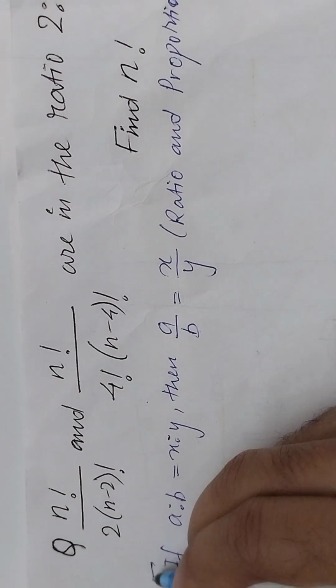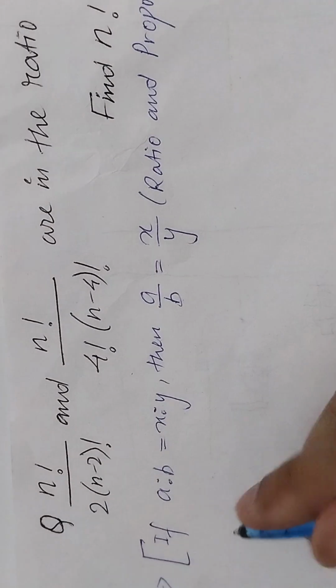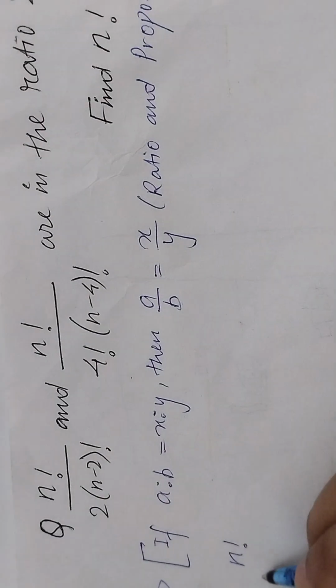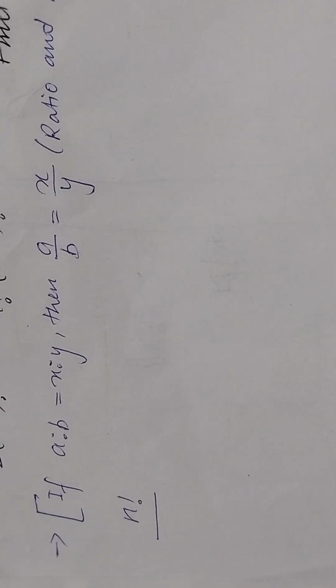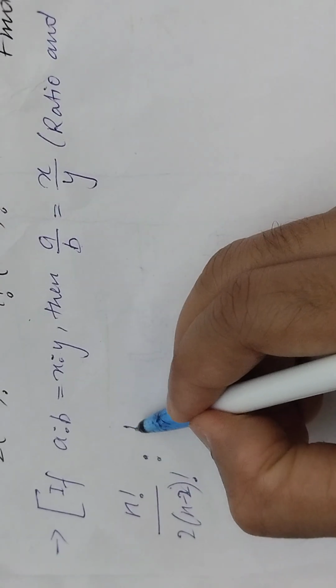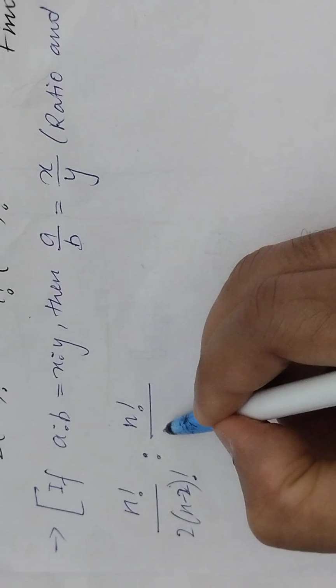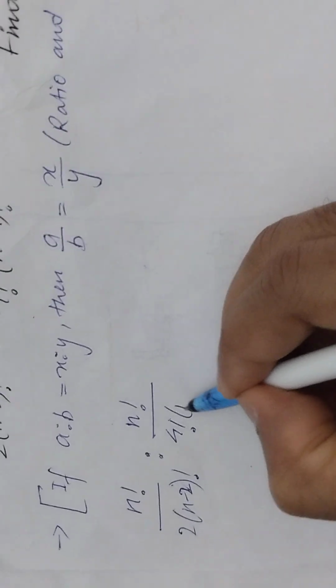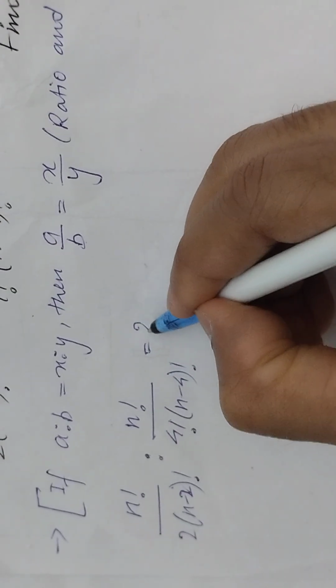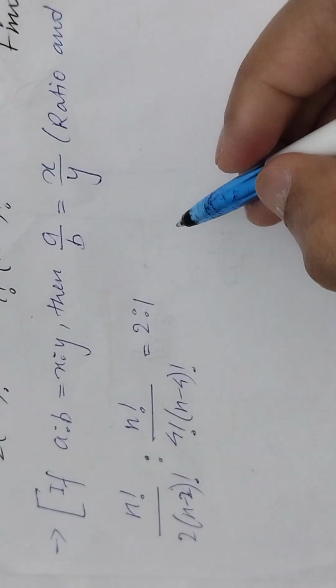So let's do it. We take a as n factorial by 2 into (n minus 2) factorial is to b, which is n factorial by 4 factorial into (n minus 4) factorial, which is equal to 2:1 as given in the question.